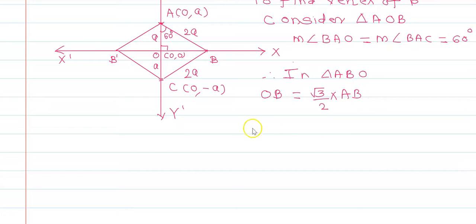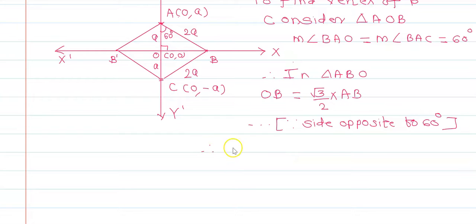And what is the reason? The reason is that the side opposite to 60 degrees is root 3 upon 2 times the hypotenuse.